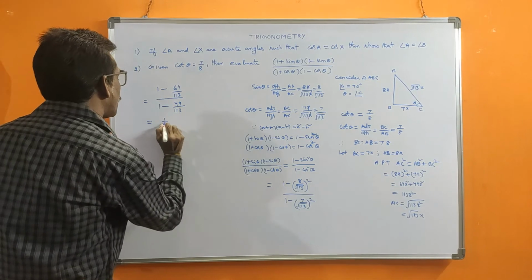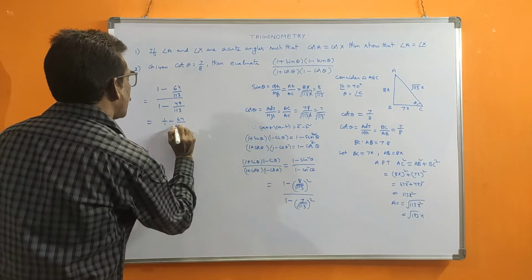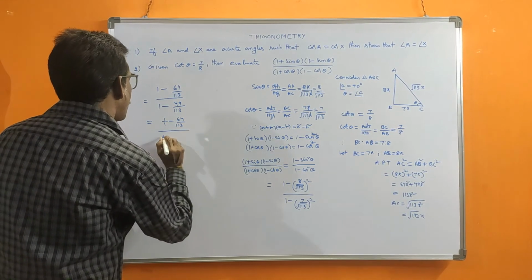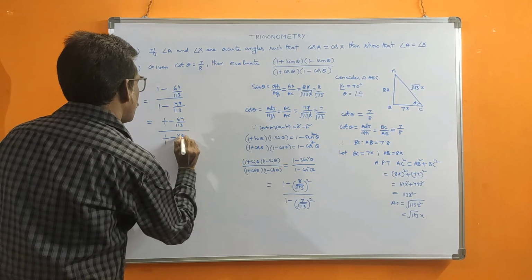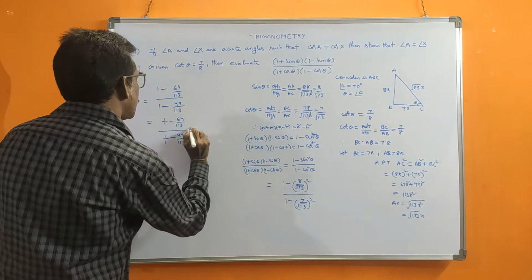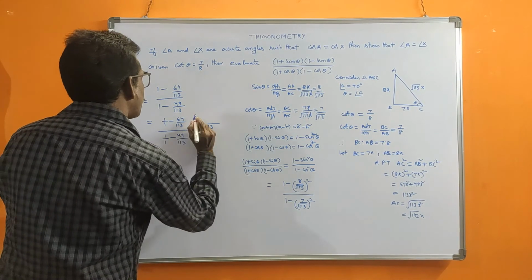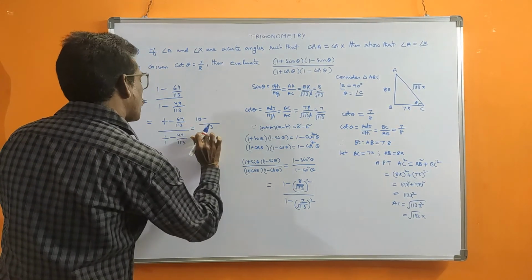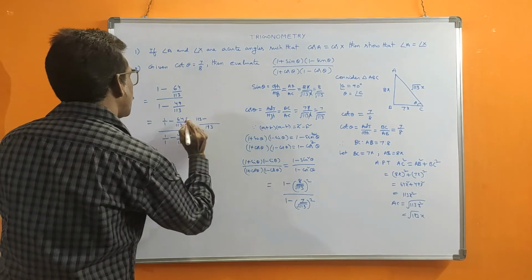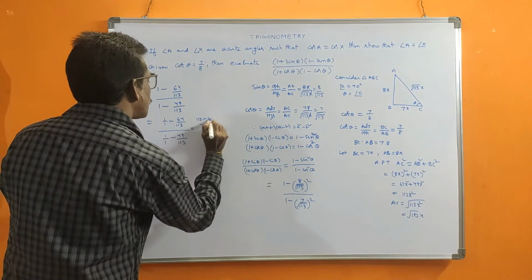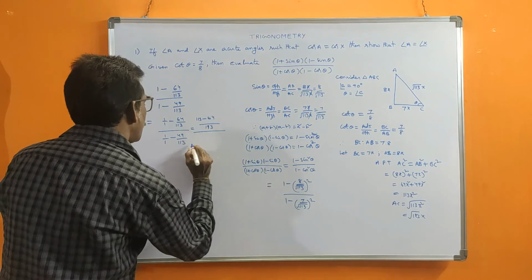1 means 1 by 1 you can think. 1 minus 64 by 113, and 1 minus 49 by 113. If you write like this, 113 is the LCM. So 113 times 1 is 113, minus 64.